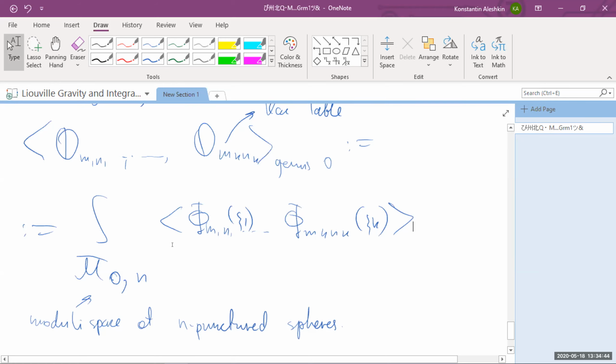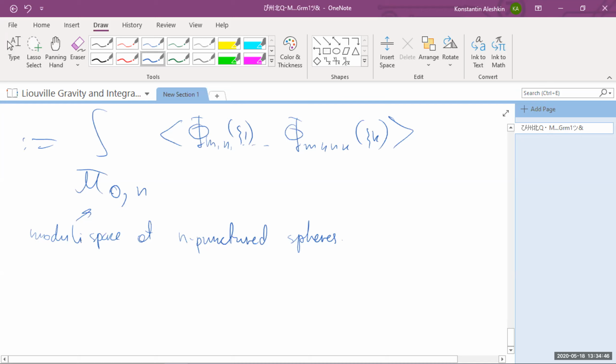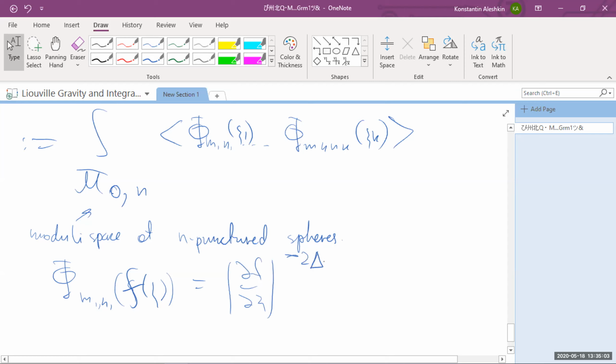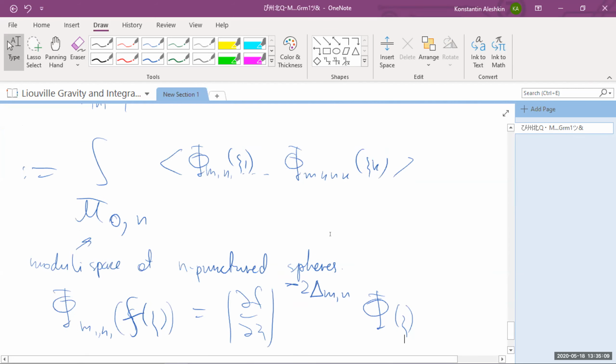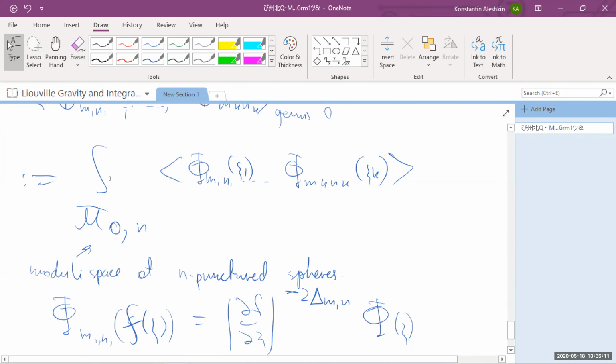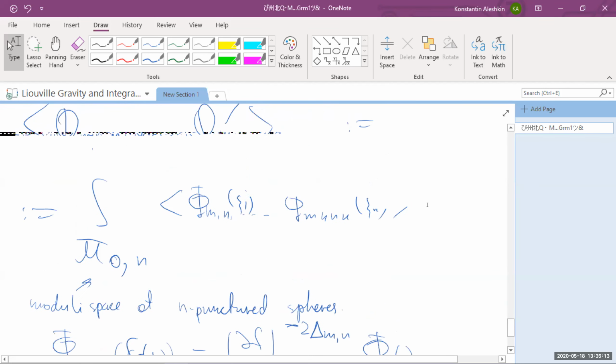But this expression is not well defined because the conformal fields have conformal dimension, meaning that they have the following coordinate transformation. So it has to be multiplied by something in order to be a well-defined density on this moduli space.